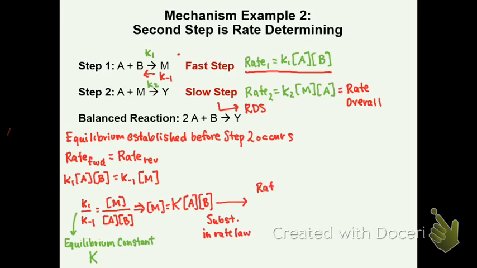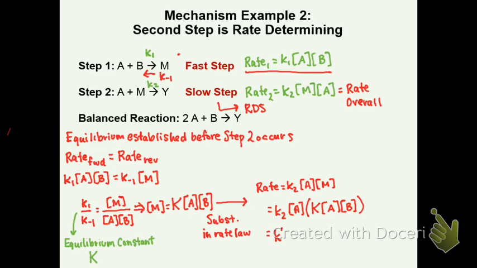So we know that the rate is equal to K2 times the concentration of A times the concentration of M. And so we can substitute in our expression for M. And we can group the two constants, K2 and K, the equilibrium constant, into a new constant that we'll just call K prime.